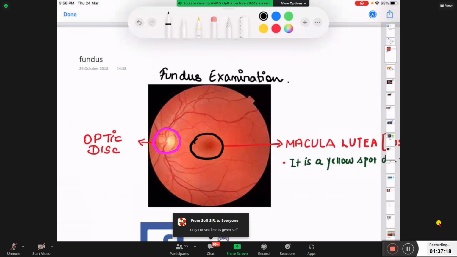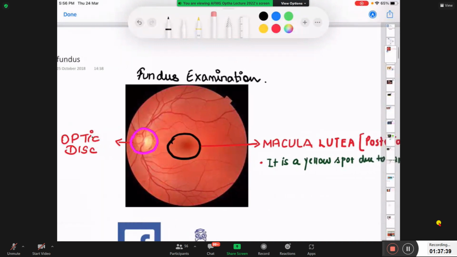Fundus calls are advised by the medicine and gynae departments. They want your retina examination to be done. So this is a picture of how the normal retina looks.